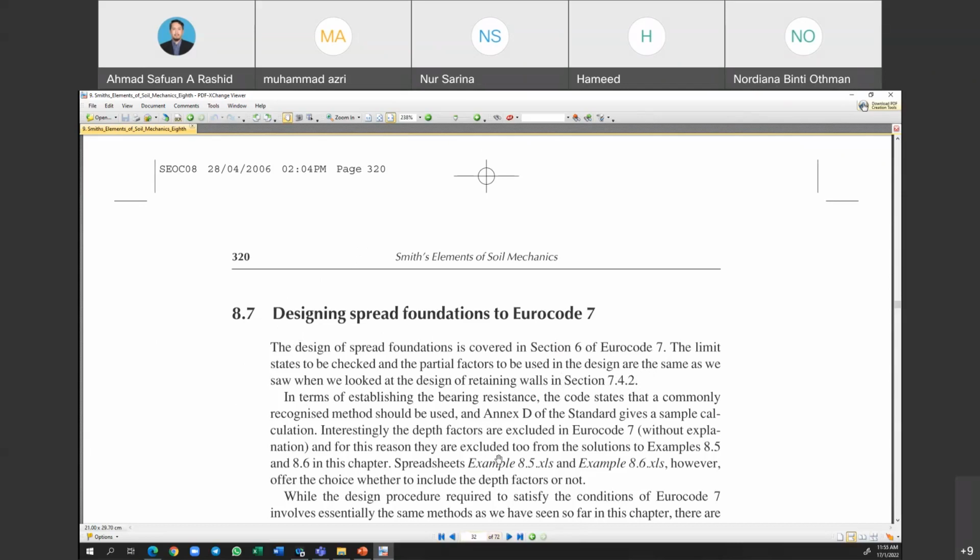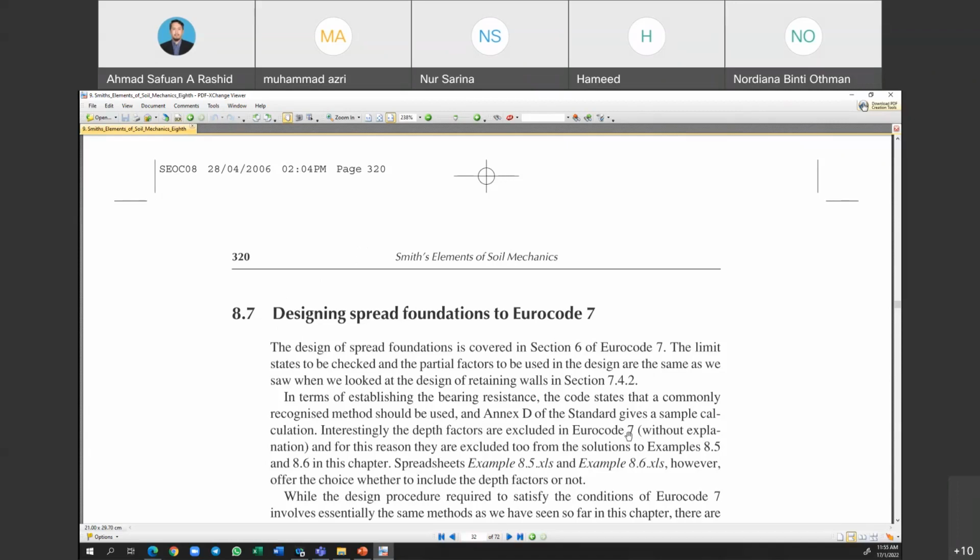In terms of establishing the bearing resistance, the code states that a commonly recognized method should be used, and Annex D of the standard gives a sample calculation. Interestingly, the depth factors are excluded in Eurocode 7.